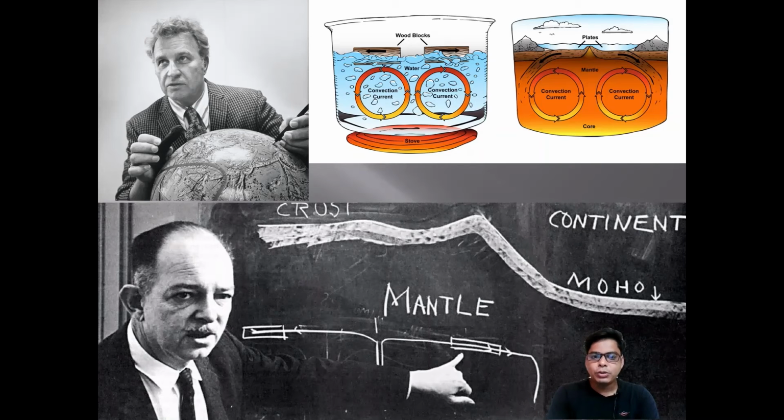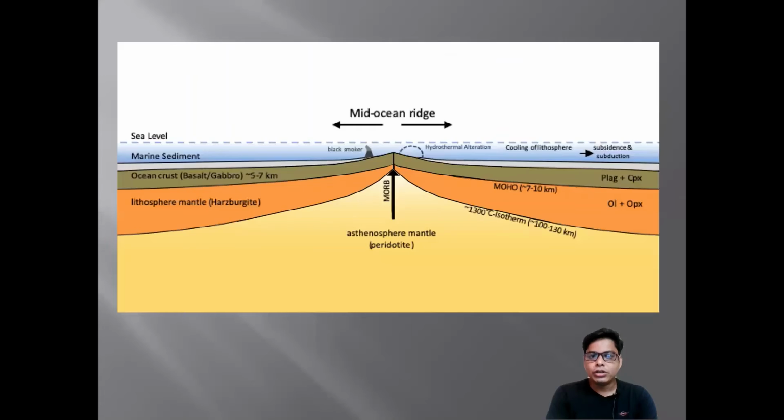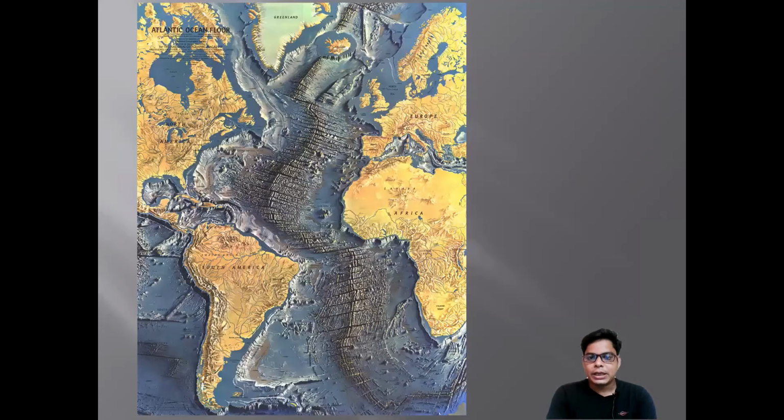So this thing we have to understand a lot. These are the ridges, the number of mid-oceanic ridges, that we can find from there.